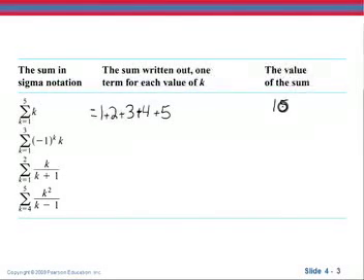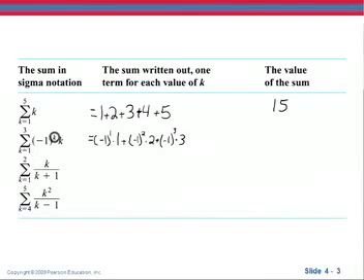Okay, now let's take our next one here. Negative 1 to the k times k. Well, that means we'd plug in 1. So we would have negative 1 to the first power times 1. That's my first term, plus negative 1 to the second power times 2, plus negative 1 to the third power times 3.